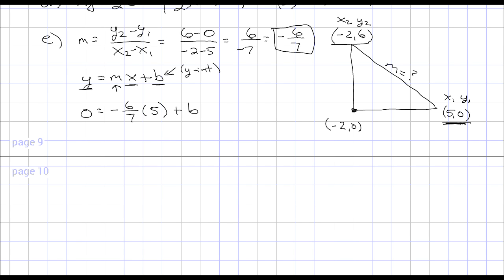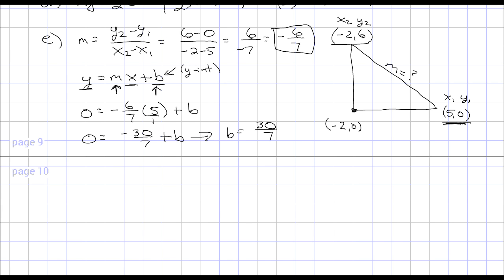Alright, now I can think of the 5 as 5 over 1. So I'm just multiplying two fractions. So this is 0 is equal to -30 over 7 plus b. Add the 30 sevenths over to the other side. So b is equal to a positive 30 over 7. Okay, so now I know the b value. I know the m value.